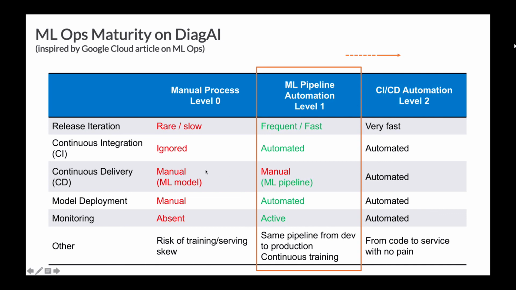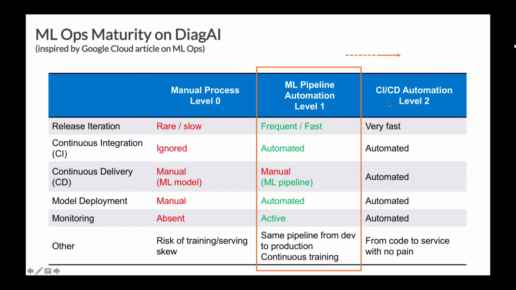Continuous training, we didn't have that in the past, but when you think in terms of machine learning pipeline, you will solve the problem of continuous training. So model deployment is automated also in this scenario, and we have active monitoring, and we are orchestrating our machine learning system with Kubeflow pipelines.